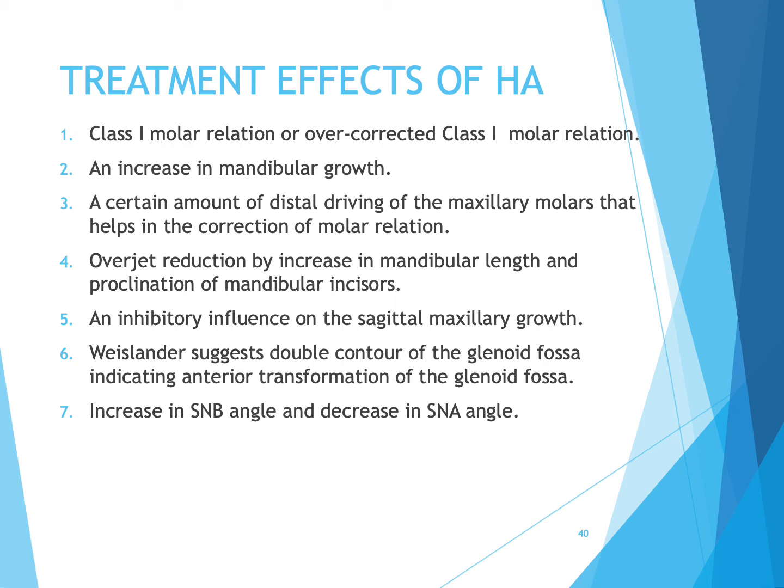Thirdly, a certain amount of distal driving of the maxillary molar that helps in the correction of the molar relation, overjet reduction by increase in mandibular length and proclination of the mandibular incisor, and inhibitory influence on the sagittal maxillary growth. Wennerström suggests double contour of glenoid fossa indicating anterior transformation of the glenoid fossa, and increase in SNB angle and decrease in SNA angle.